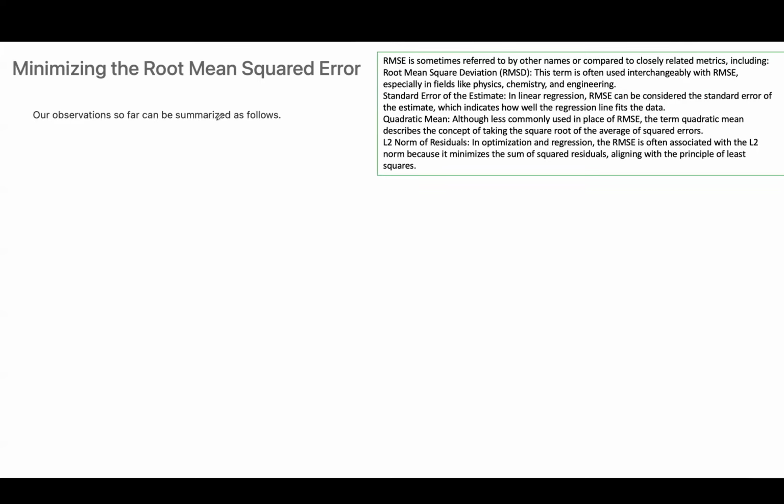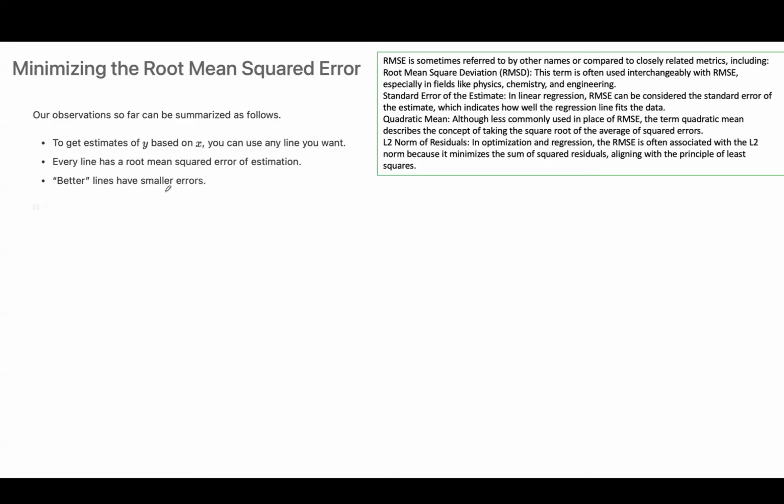Our observations so far we summarize as follows. To get estimates of y based on x, you can use any line you want. Every line has a root mean squared error of estimate. Better lines have smaller errors.